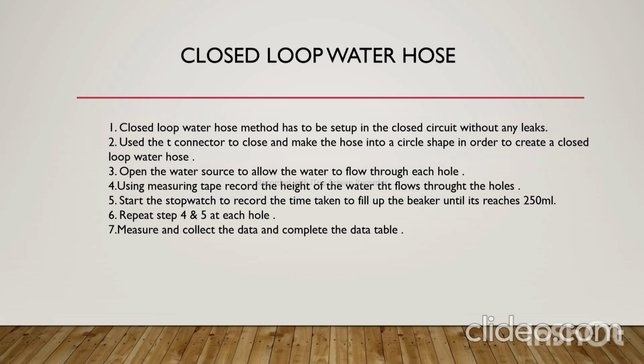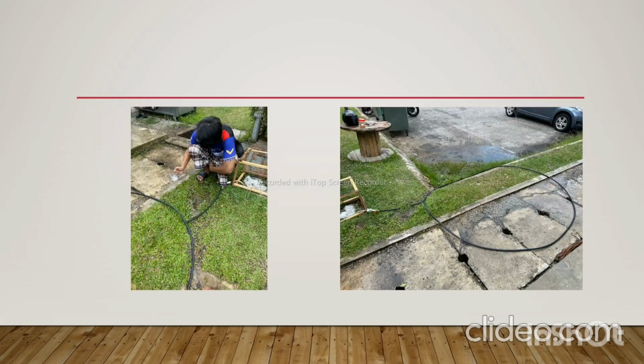It has to be done at each hole, and then we start the timer and record the time taken to fill up the beaker with 250 milliliters. We have to repeat all the steps at each hole and make sure there is no leakage since it's the closed loop water hose. This is how we conduct the closed loop water hose.